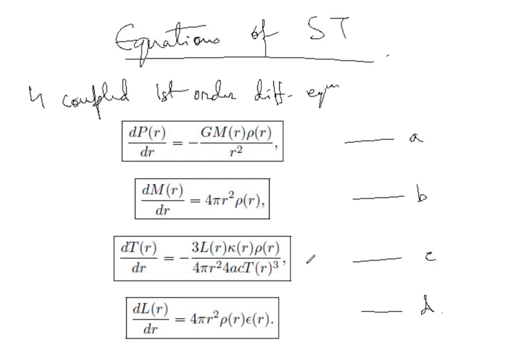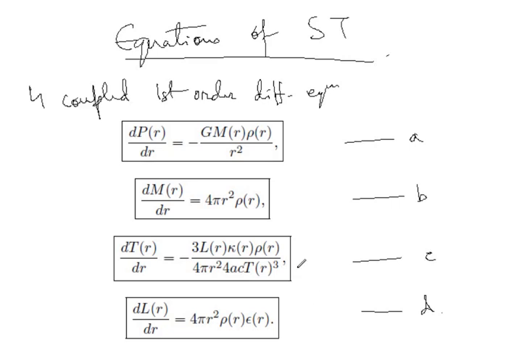This one we derived previously, right? This one is the equation for radiative energy transport, and this one is the equation for energy conservation. Now along with these four equations, we also have four boundary conditions for these equations.